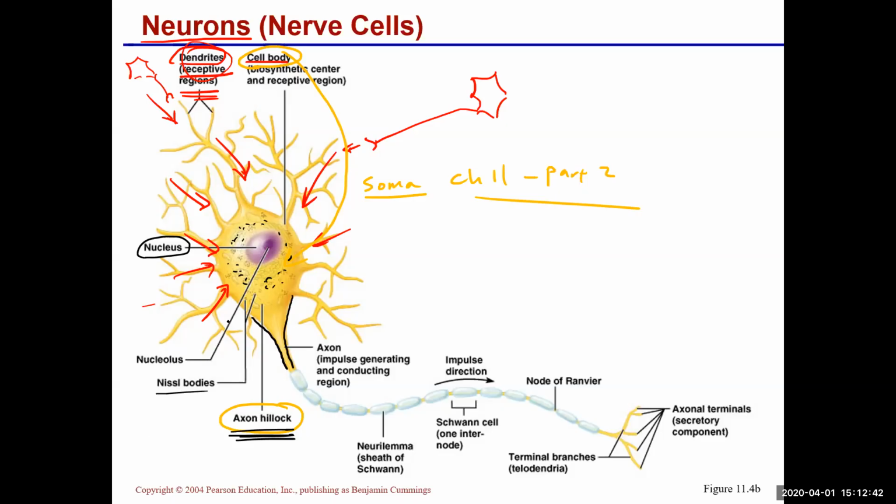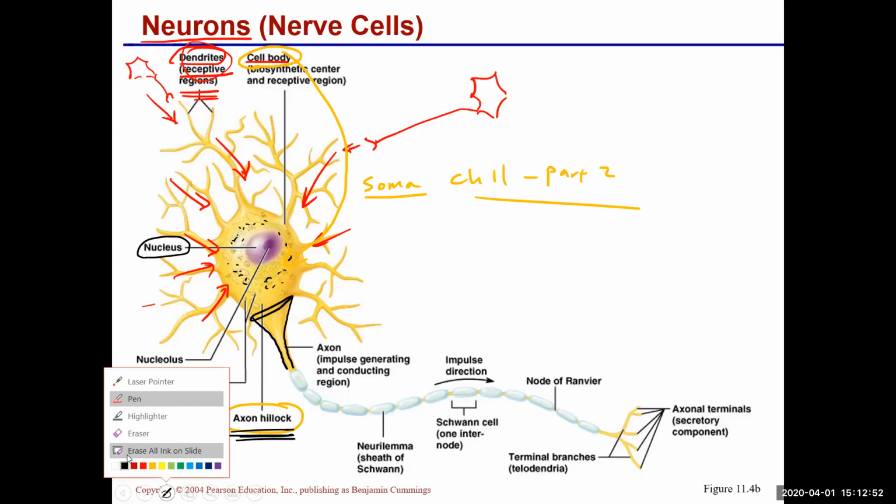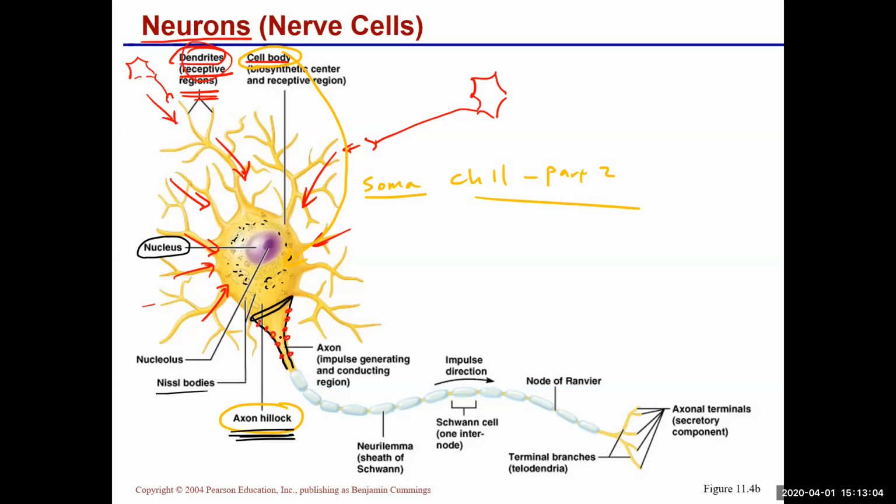All right? You can see it resembles a funnel right here. But right on this axon hillock, there are numerous voltage gated channels. We'll talk about different types of channels, but I think you already know what a voltage sensitive gated channel is.